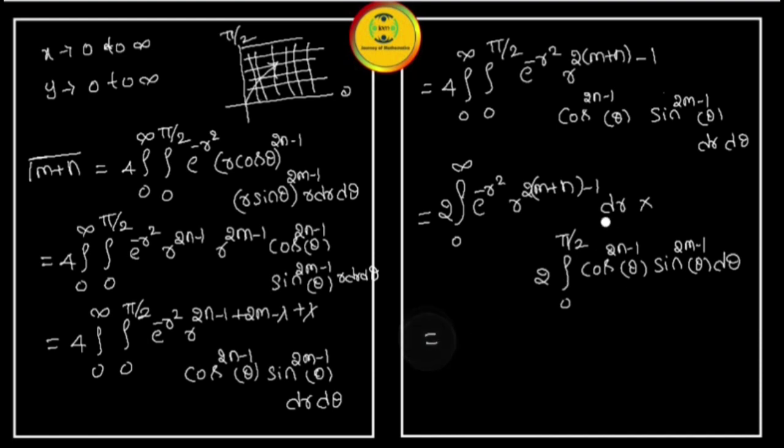So now if you observe the definition of this first integral, this is nothing but the definition of gamma of m plus n. So instead of the first integral I can write gamma of m plus n, and the second integral is the definition of the beta function, so beta of m comma n. So finally we got gamma of m into gamma of n is equal to gamma of m plus n into beta of m comma n.